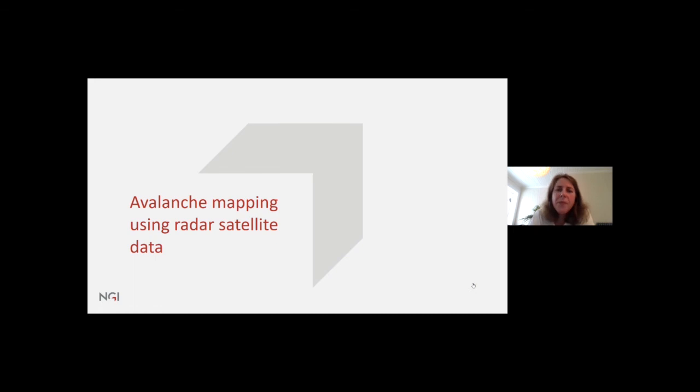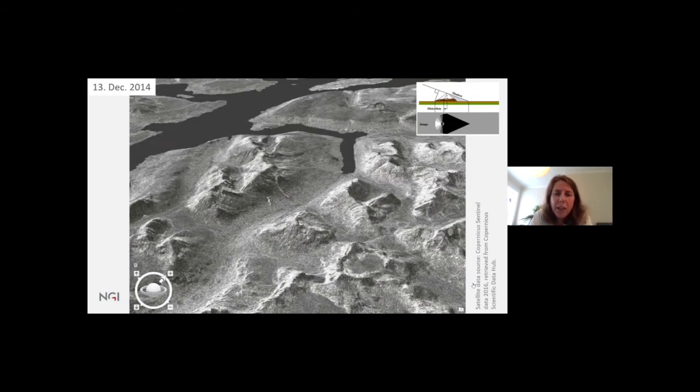What you see here, and what looks like a normal hillshade of an area in northern Norway, is actually a so-called backscatter image. A backscatter image is what you get when you send a radar signal to the Earth and measure what's reflected back from the Earth's surface.